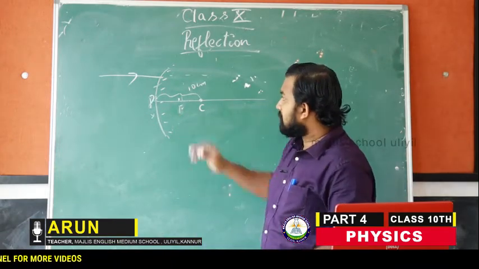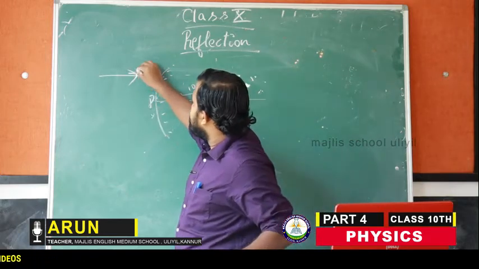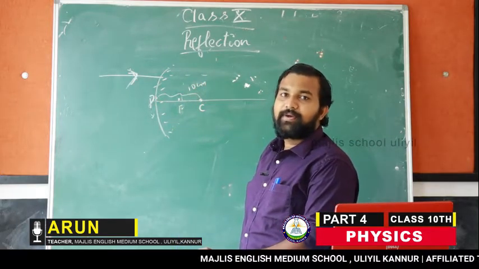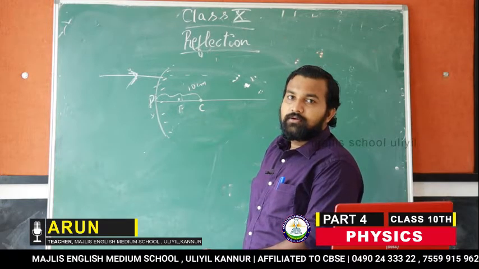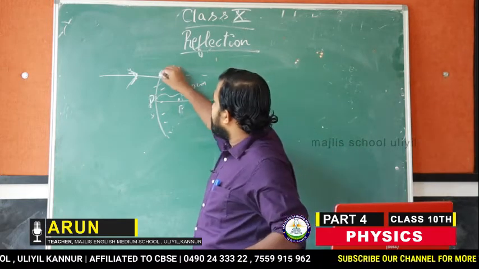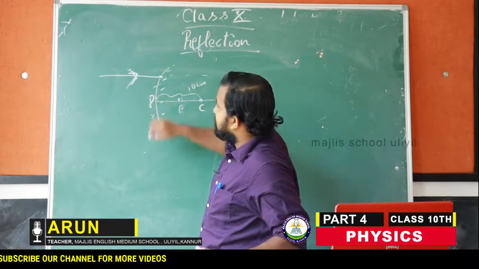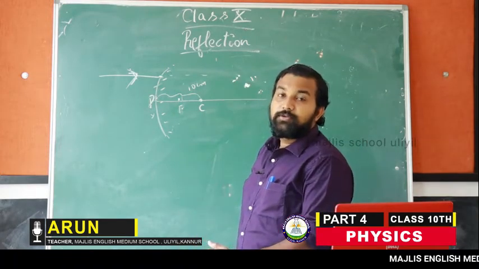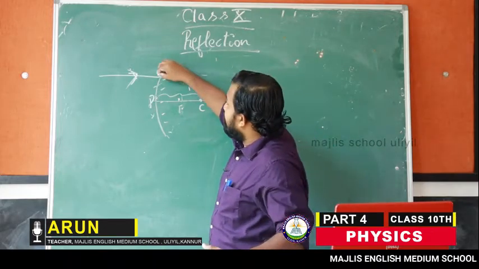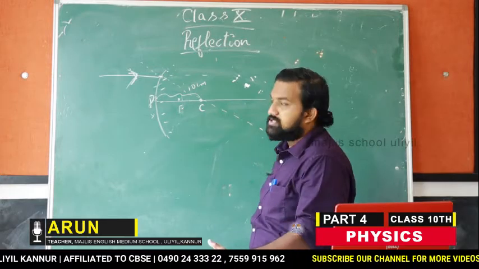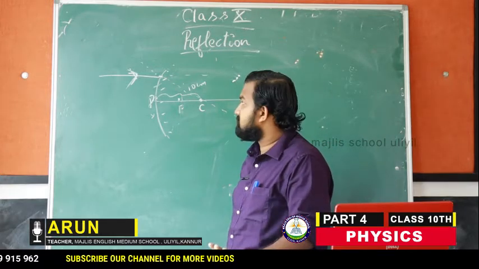Clear? So here the light ray is coming parallel. If any ray is coming parallel to the principal axis, what will happen at the point of incidence? If we want to draw a normal, the normal will pass through where? The center of curvature, which we had discussed last class.